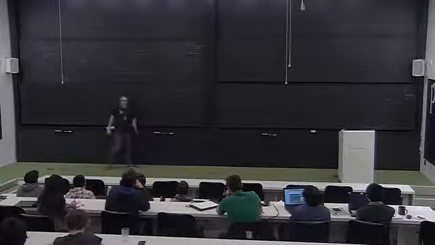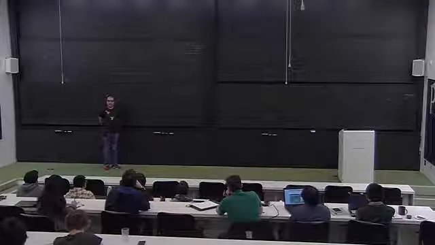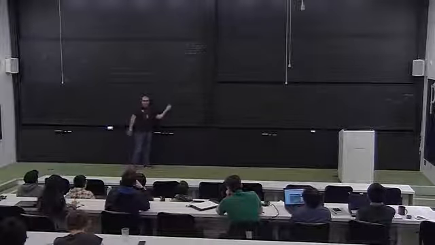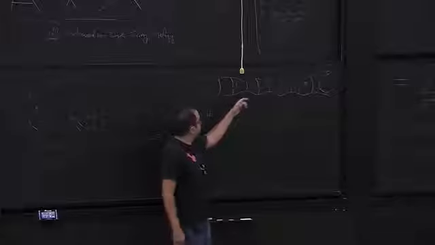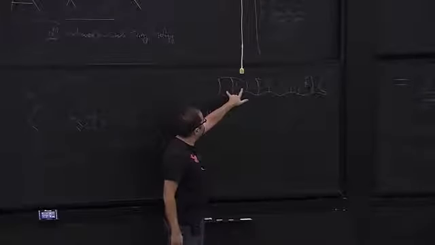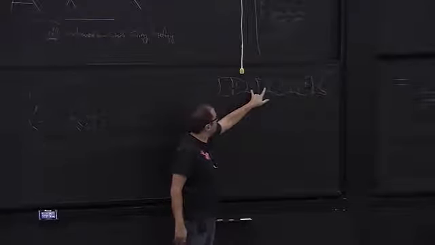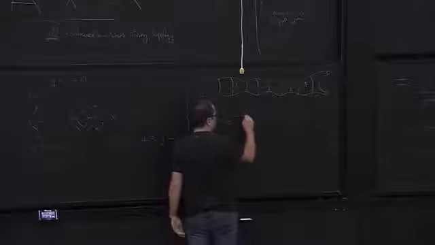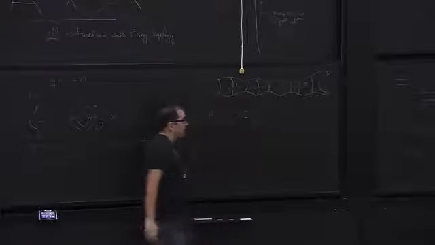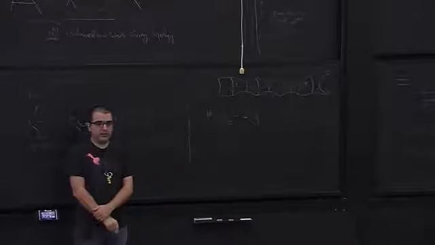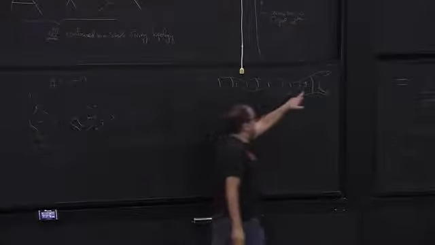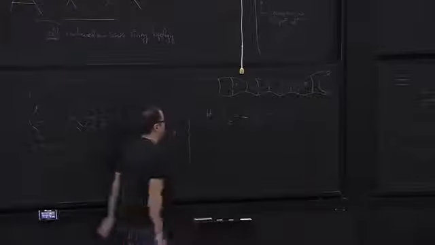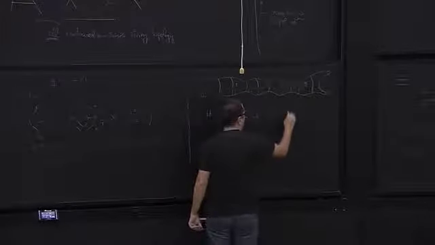Someone said 2g, plus some constant. 2g is a good starting point because each hole has 1 pair of pants to the left and 1 to the right. So 2g is a good starting point, but it's not correct. What should we do? Plus 2. There's the first and the last one. Plus 2. Right? This is the number of pairs of pants.